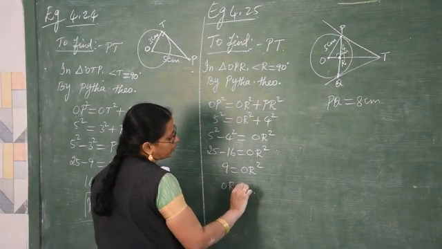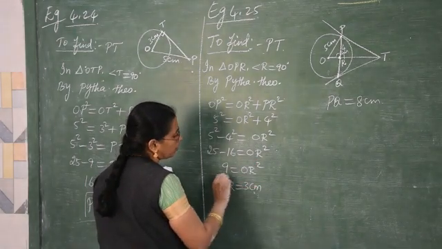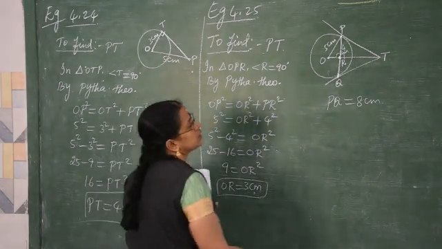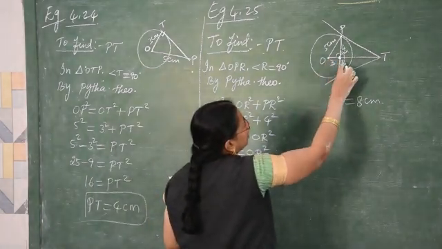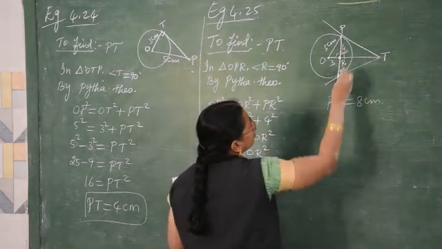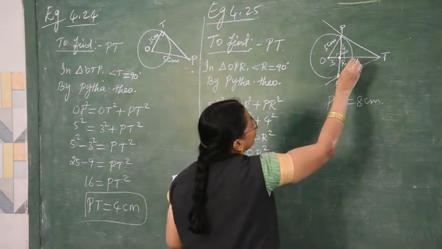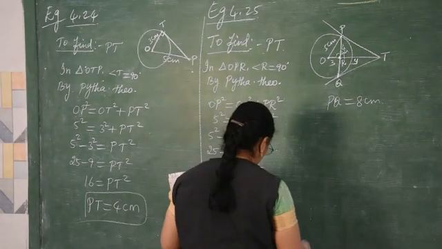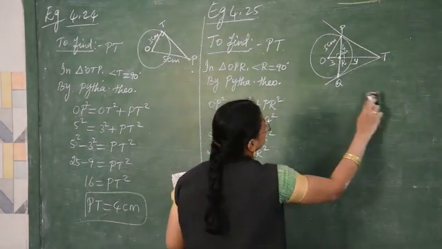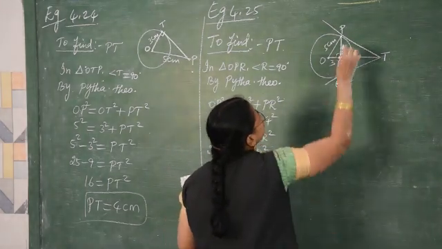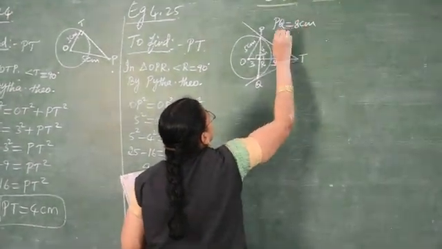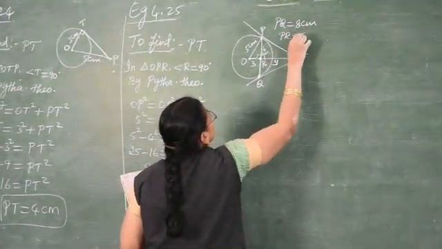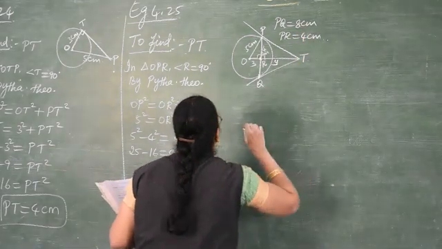So OR equals 3 centimeter. R to T we don't know, let us take that as Y. PQ is 8 centimeter, so PR is 4 centimeter.